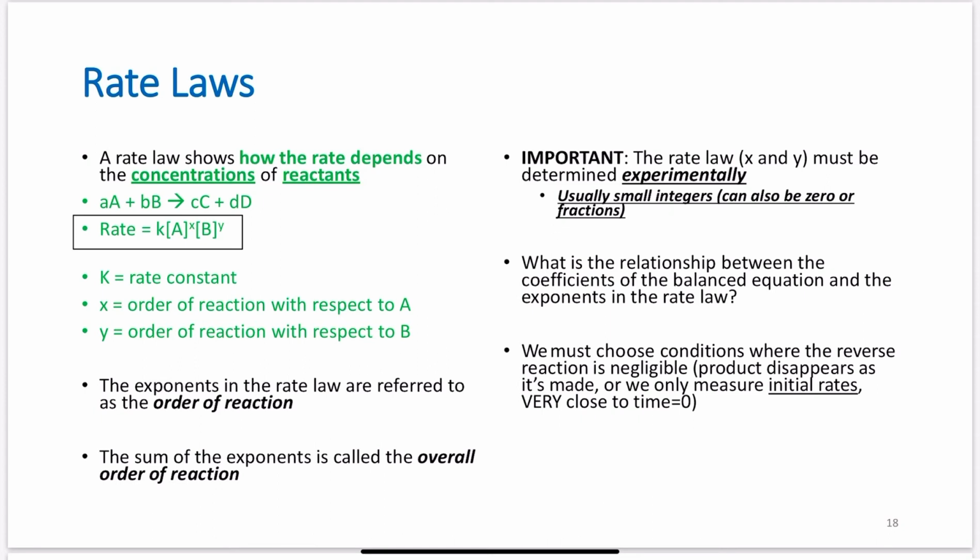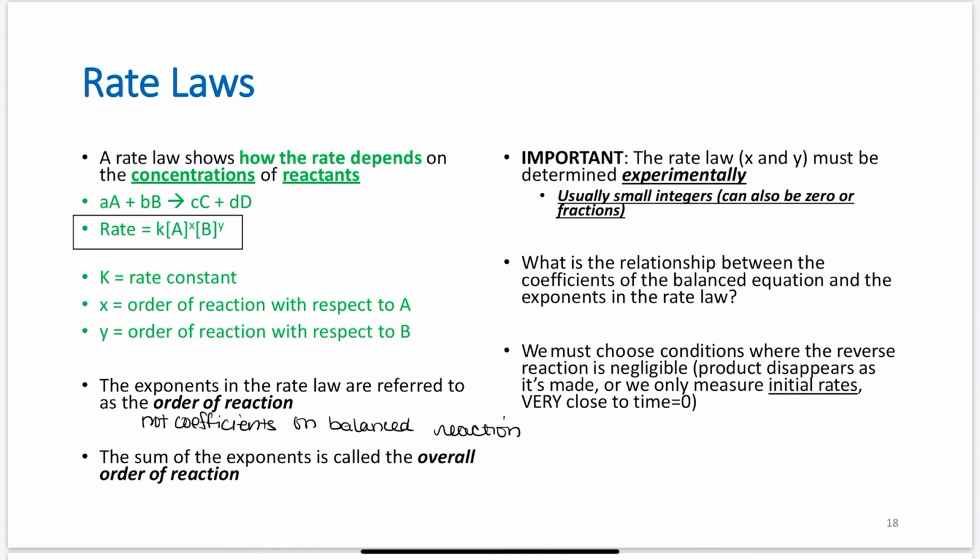These exponents in your rate law are experimentally determined. They are your order of reaction. They are not the coefficients on the reactants. They may match the coefficients on your balanced reaction, but that's coincidental.